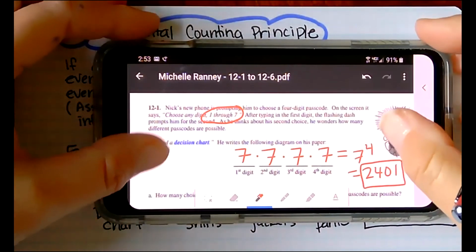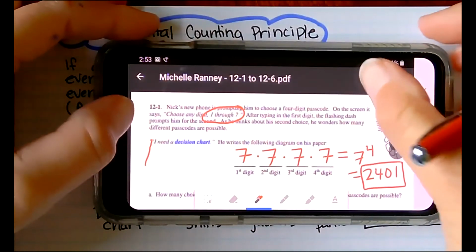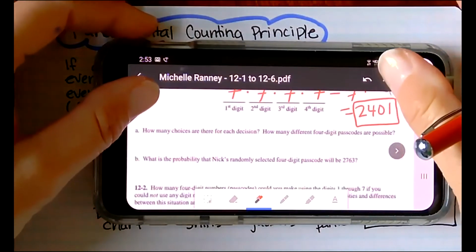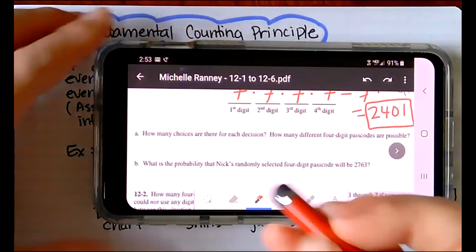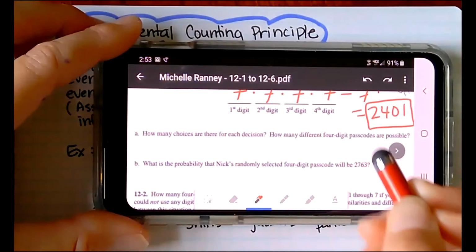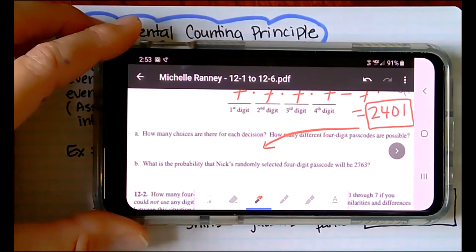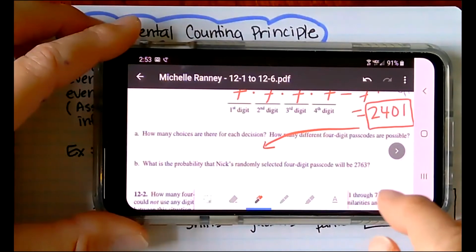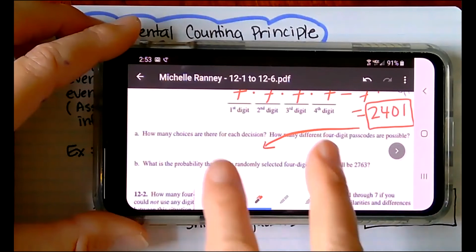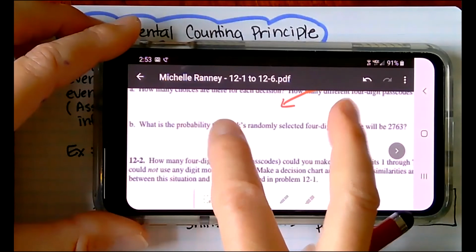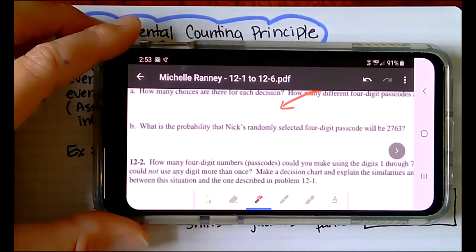So now, let me move to the next problem. So here, again, this was actually the same question. They wanted us to fill out the decision chart, and they wanted us to figure out how many. So that's my answer, 2,401. On part B, it says, what is the probability that Nick's randomly selected 4-digit passcode will be 2,763?